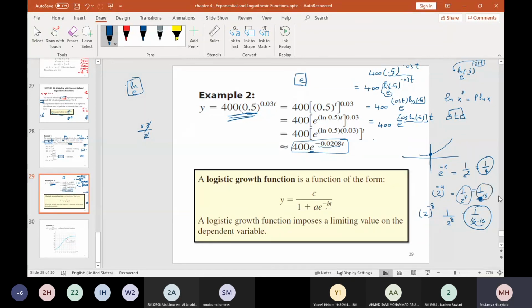Okay, this is 1 over 16, this is 1 over 256. So it will be a number that is very small, very small. So this will attain a smaller value when this t goes to infinity.